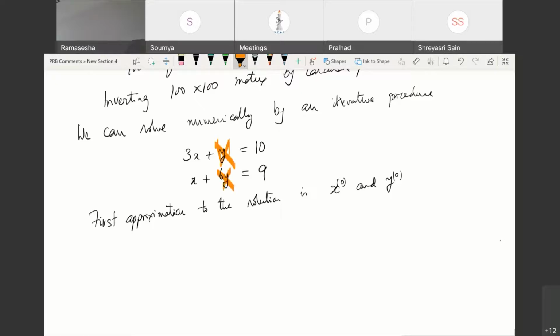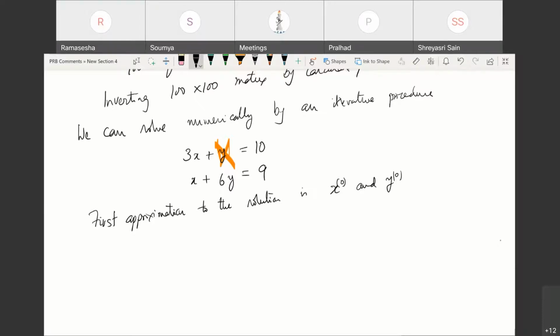So we will ignore this, so we will ignore the off-diagonal terms.